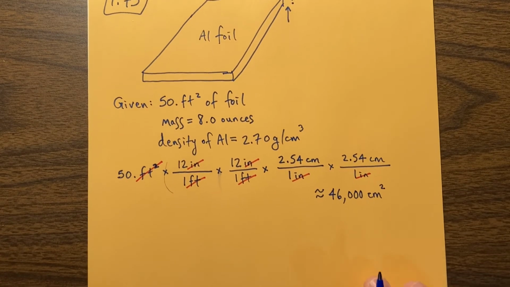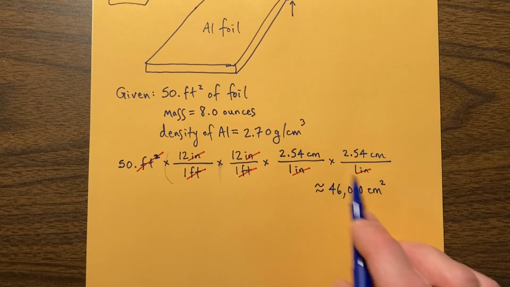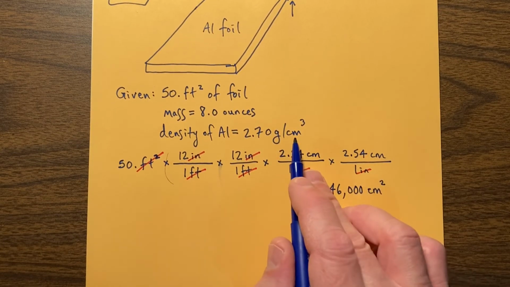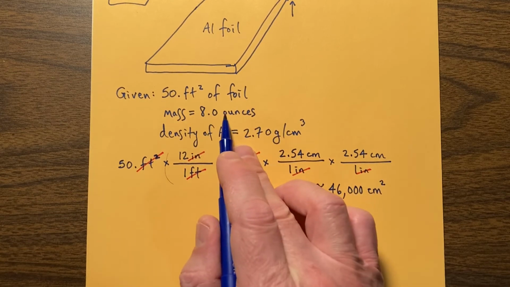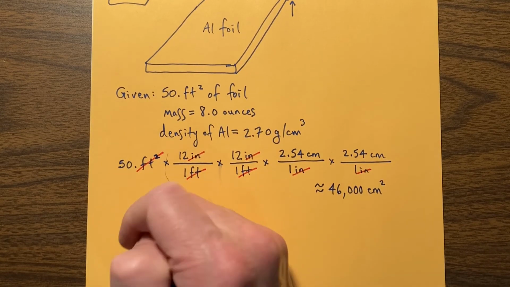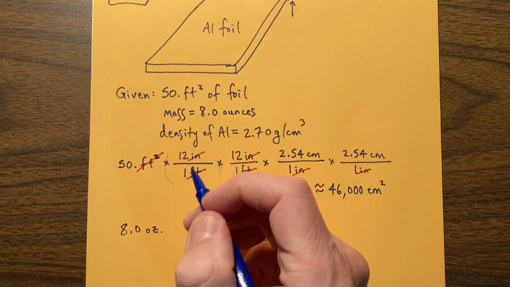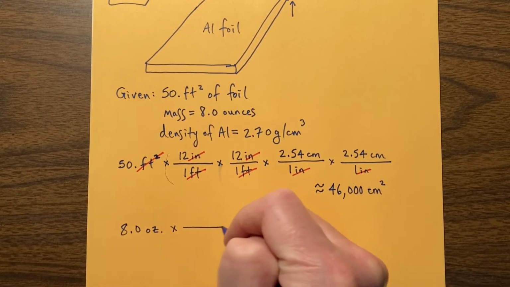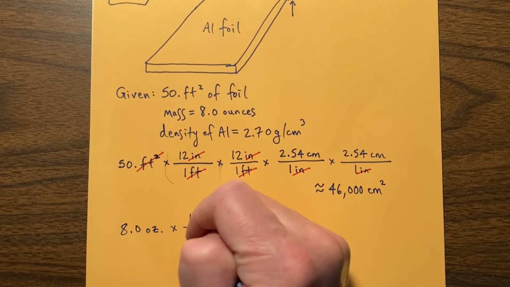All right, let's see, how does that help me? Well, I know the density, but I have that unit of grams. So why don't I take the mass of the foil and convert that to grams? So 8 ounces. Now I don't know a direct relationship between ounces and grams by heart, but I can look it up.